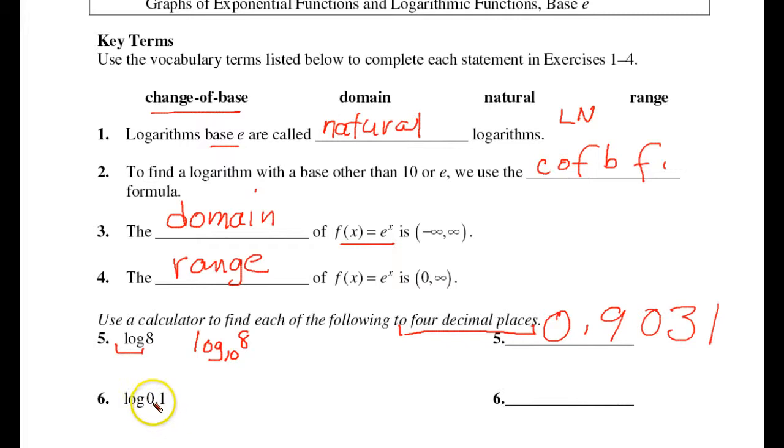now since this is a decimal, in a sense, 1/10, the log of that is going to be -1. Remember, log base 10 of 0.1 or 1/10 is going to be what? Well, -1.